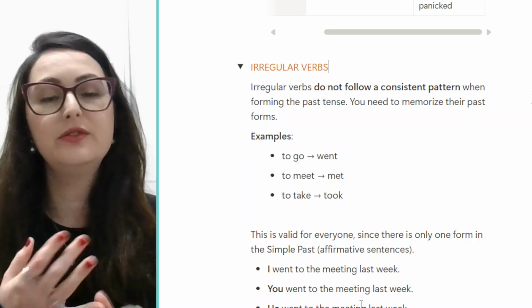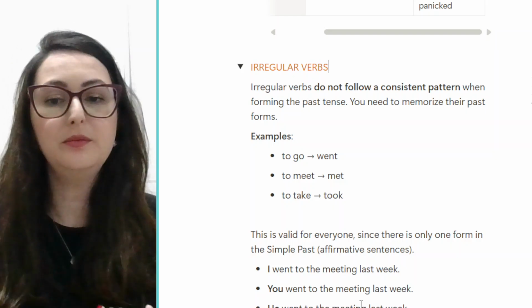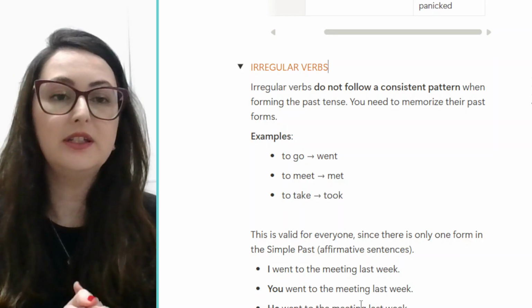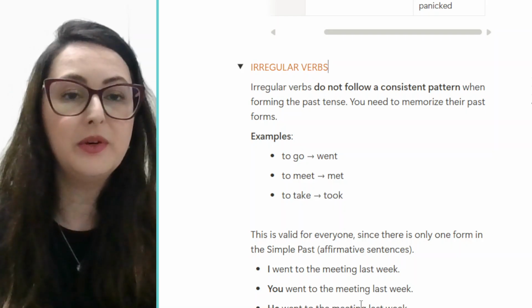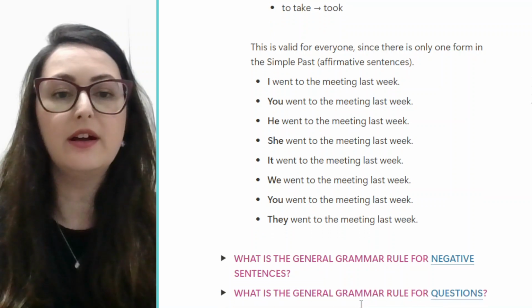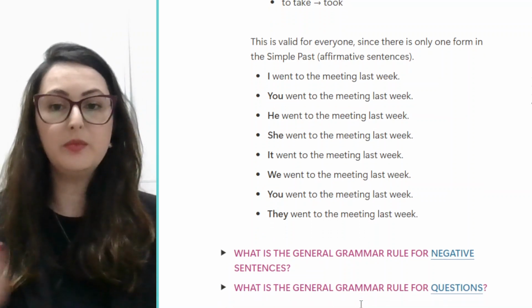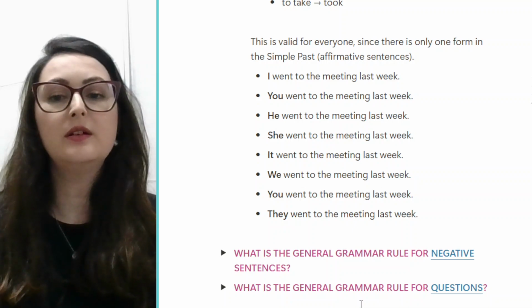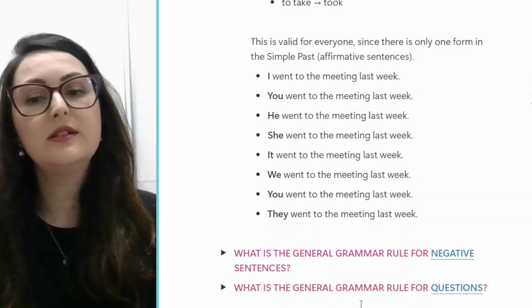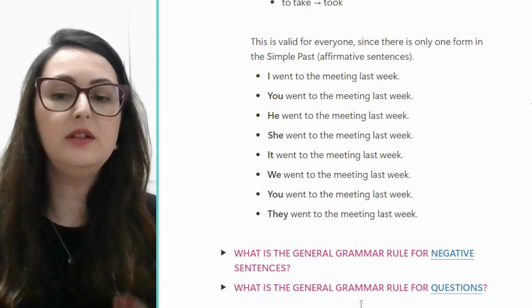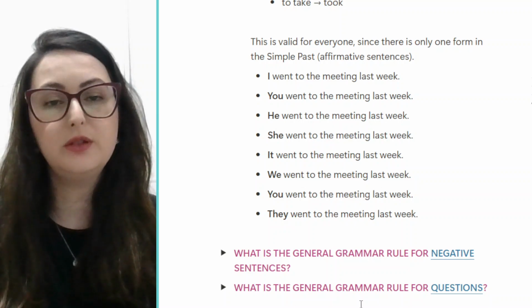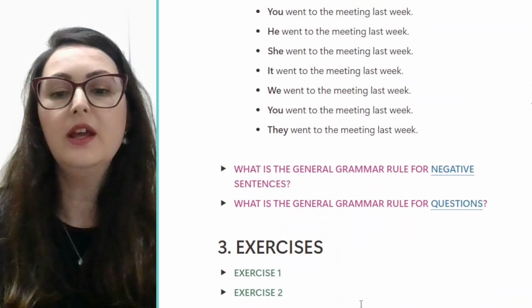As an example, to go, went, to meet, met, to take, took. And this is also valid for everyone because in the past we only have one form of the verb. So as an example, I went to the meeting last week. You went, he, she, it, we, you, they went to the meeting last week.